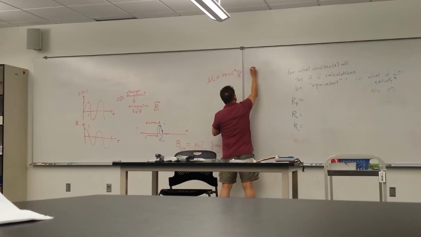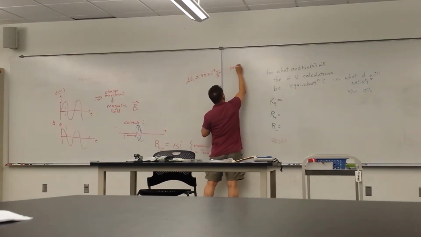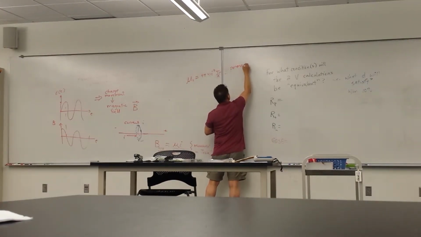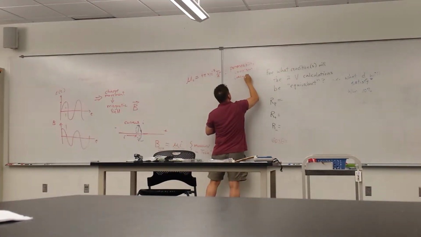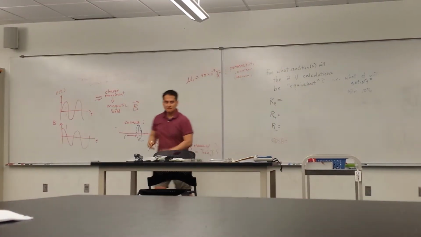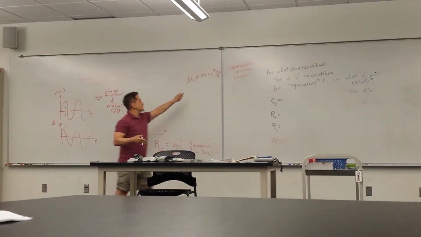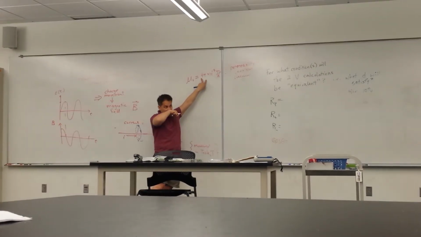Okay. So this is the permeability, not permittivity, but permeability constant in vacuum. It's got a strange number. We'll see why this number comes out the way it comes out.